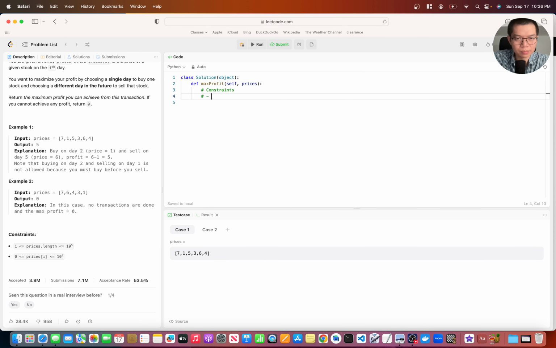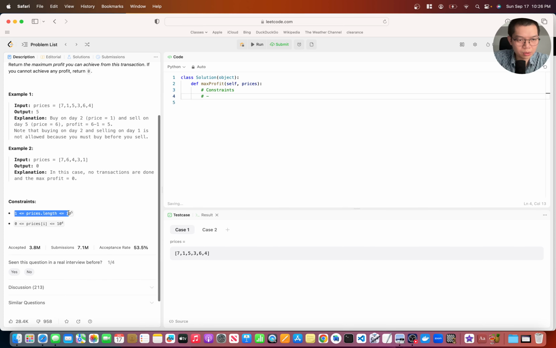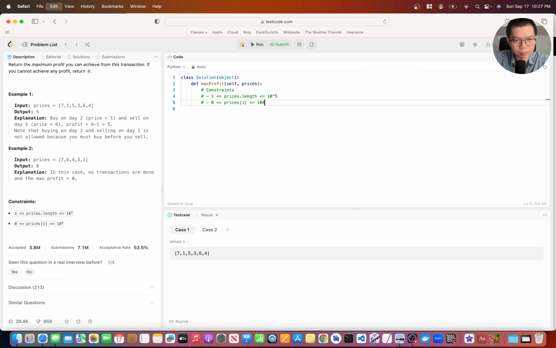Constraints. One is less than or equal to prices.length, which is less than or equal to 10 to the 5. So the length of the array that you're given can get pretty big and unwieldy. And 0 is less than or equal to prices[i], which is less than or equal to 10 to the 4th, which means that the values themselves can be as low as 0 and as high as 10 to the 4th.